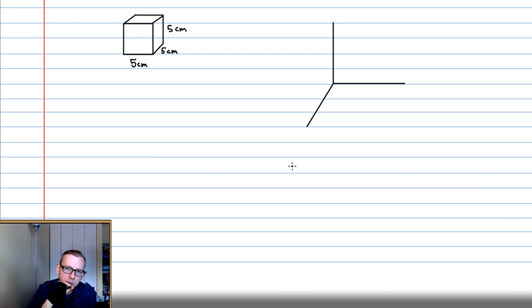I want to go through using the axes instead. Because we know this is the x-axis, this is the y, and this is the z. Technically a volume is just using two-dimensional space.